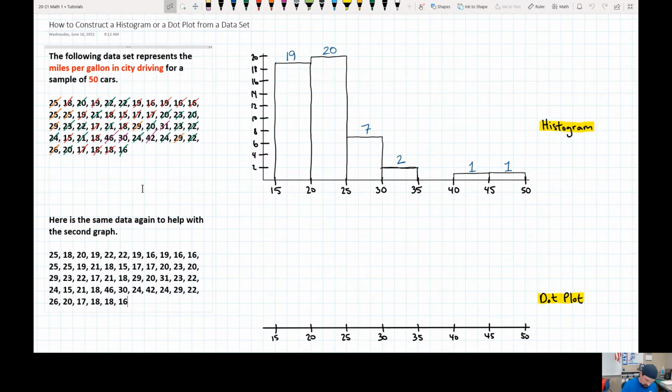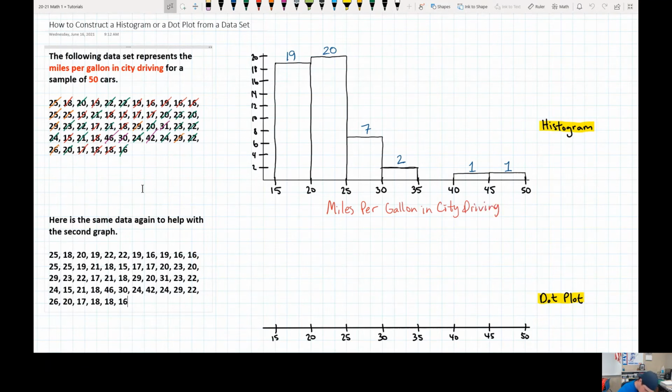Oh, wait, before we move on, a couple of key things that I haven't done yet here, which is labeling what each axis, the horizontal and vertical axis, represent. Down here we should just have essentially our title, right? And this is miles per gallon in city driving, right?